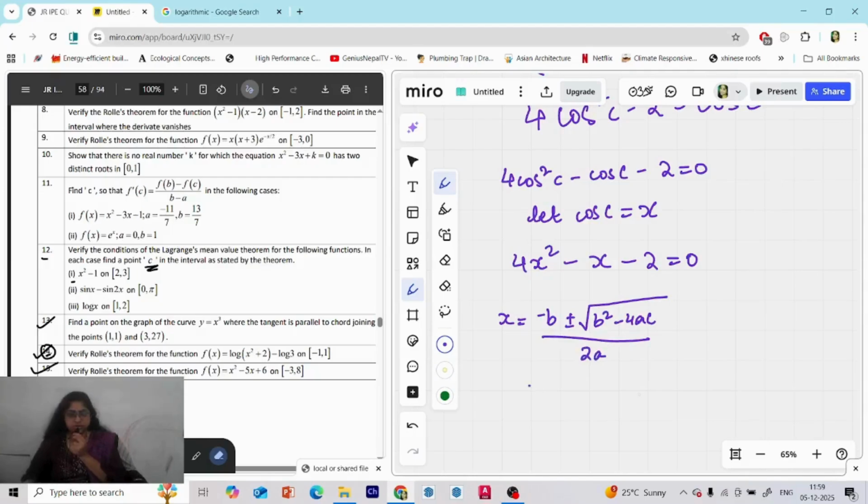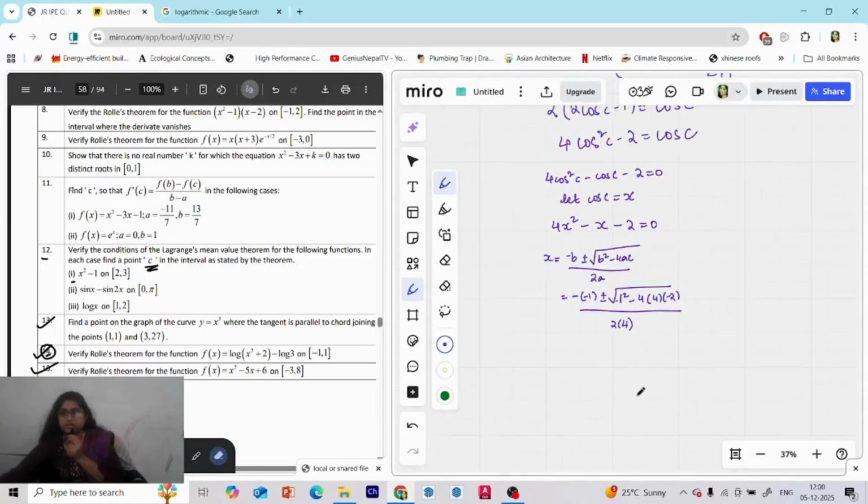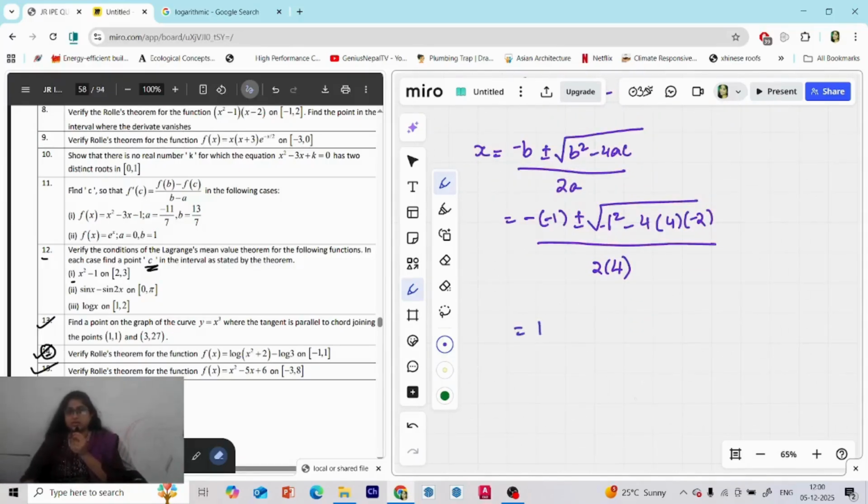So మనం ఇదే యూస్ చేద్దాం. Minus b అంటే minus of minus 1 plus or minus under root b square is minus 1 square minus 4, a is 4, c is 2, by 2 into 4. So x is equal to 1 plus or minus under root 1 plus 32, which is 33, by 8.